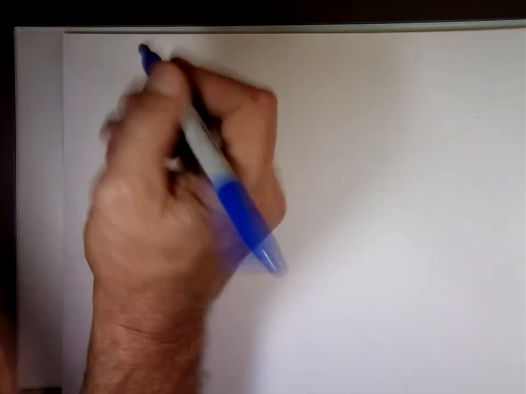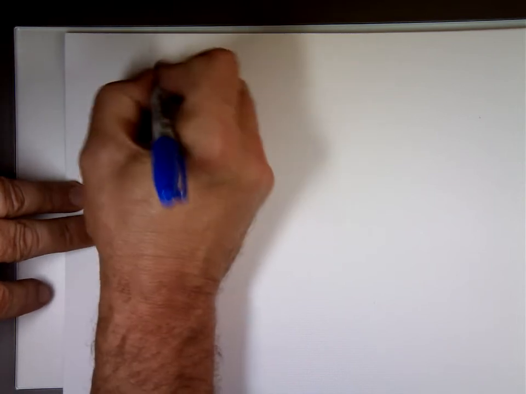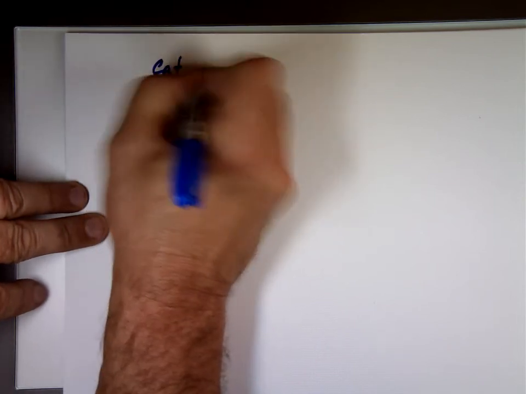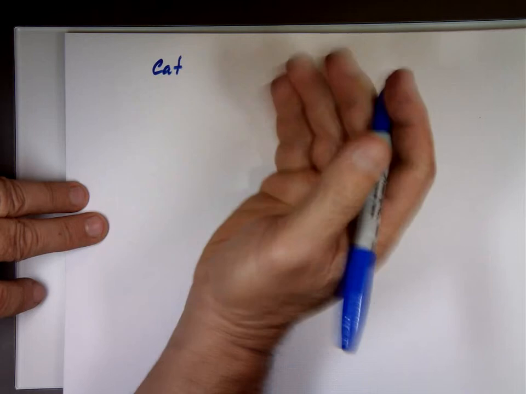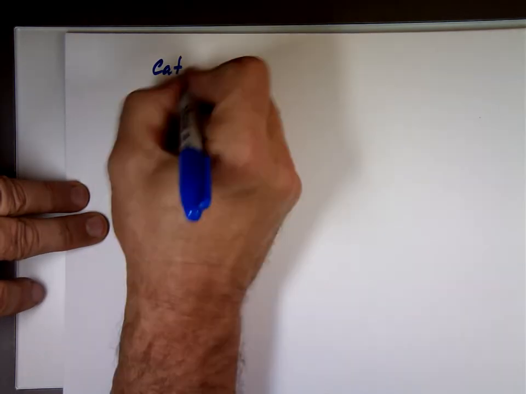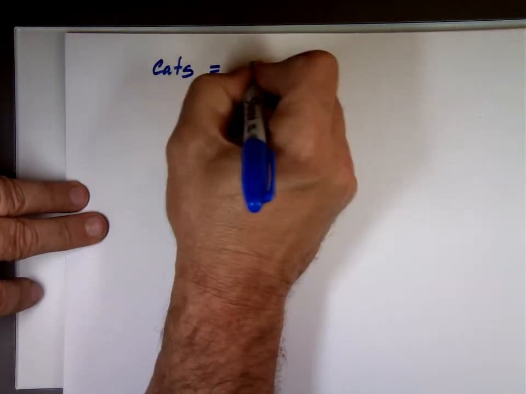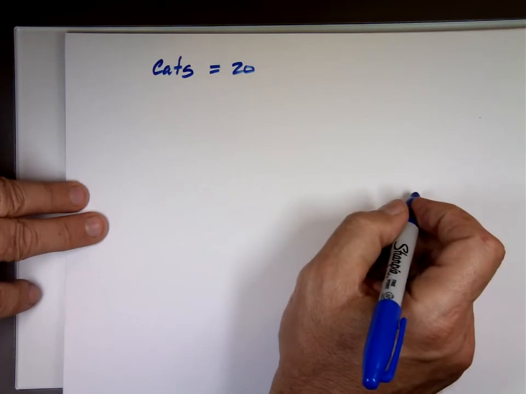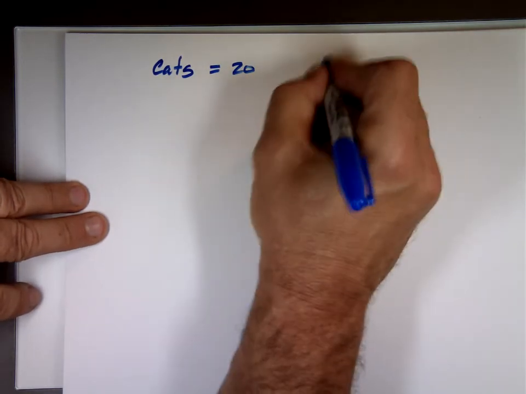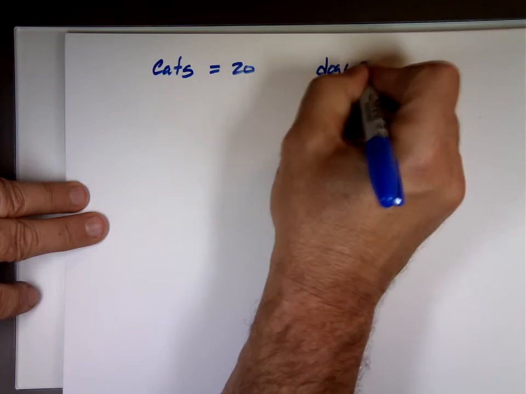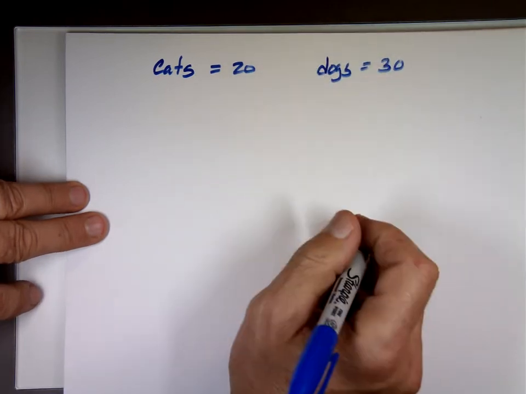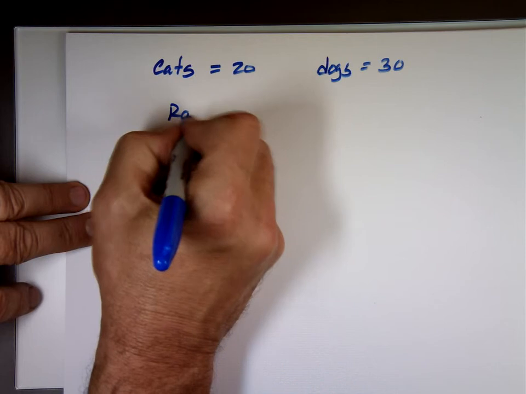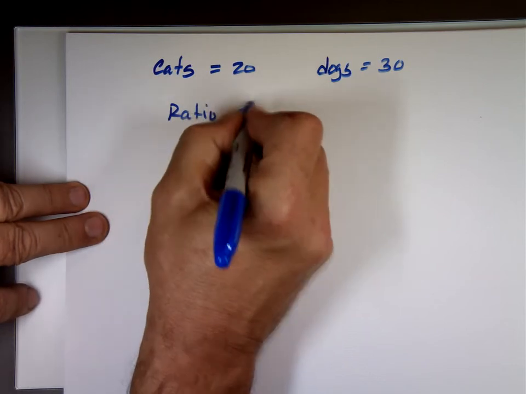But let's say we have the number of cats. You have a farm, and you have, I don't know why you have so many cats on the farm, but I wrote cats. So you have how many cats? 20 cats. And you have dogs here, 30 dogs. If I say, what's the ratio of cats to dogs?